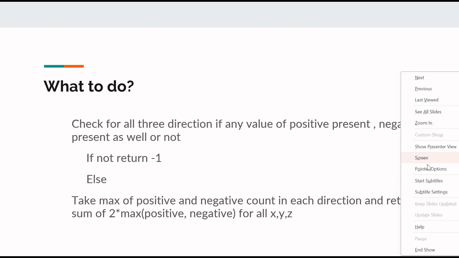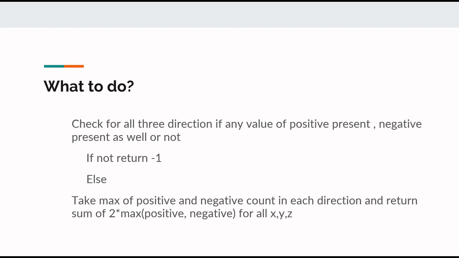Now next, I have mentioned what to do. Obviously first we will check for the three directions. Suppose we first check for x. If plus x is present, we will check if minus x is there or not, or vice versa. Either both values should be more than 0, or if both are 0, it's fine.